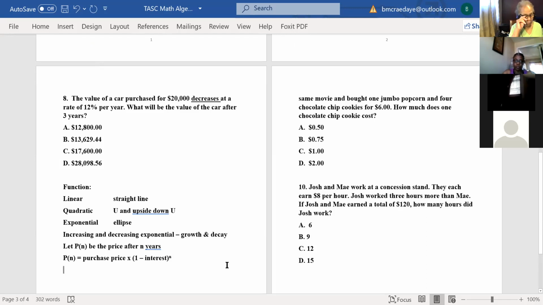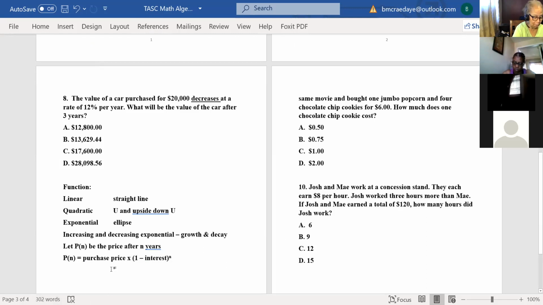Now, if we substitute, you tell me what to put here. The reason we use the 1 is because the interest has to be converted to a decimal.